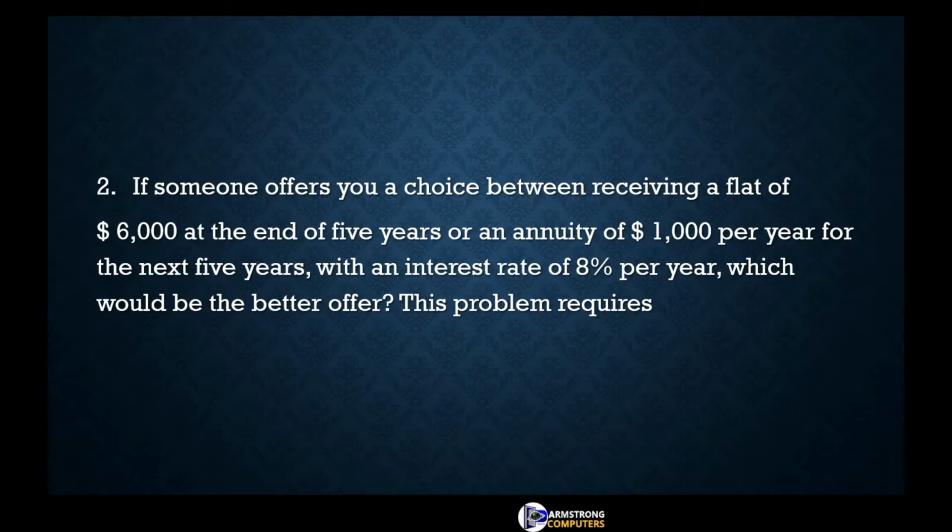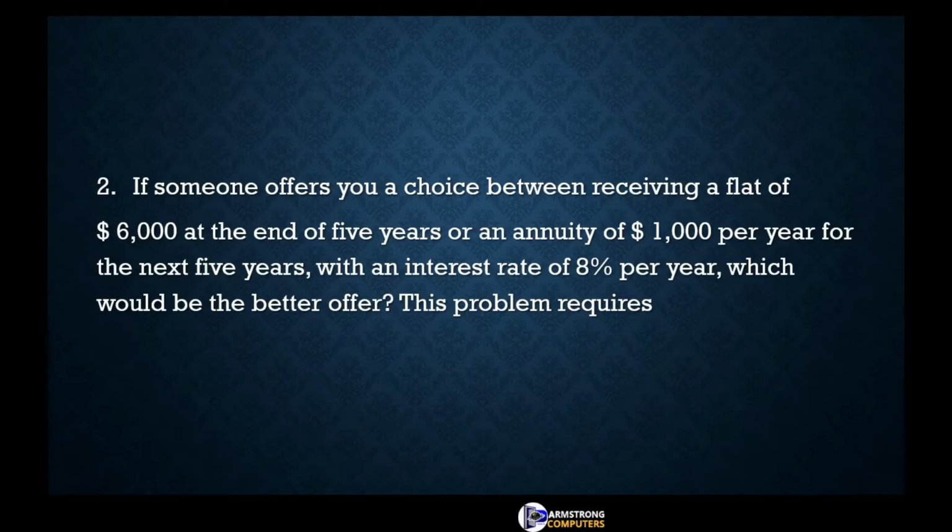And with the 1,000 US dollars per year, it means that every year you pay $1,000 for the next 5 years, with an interest rate of 8% per year on the 1,000 you are bringing every year. So which of these will be the better offer?